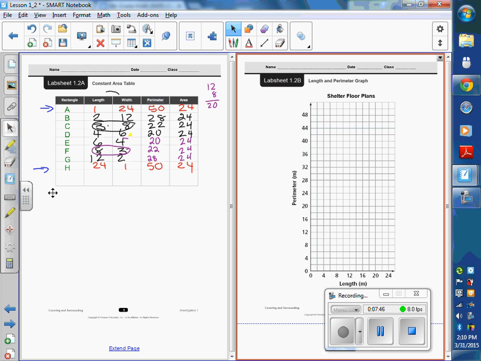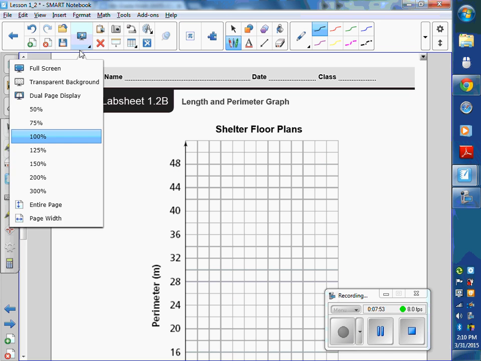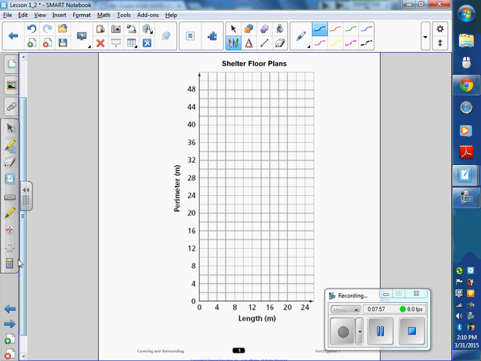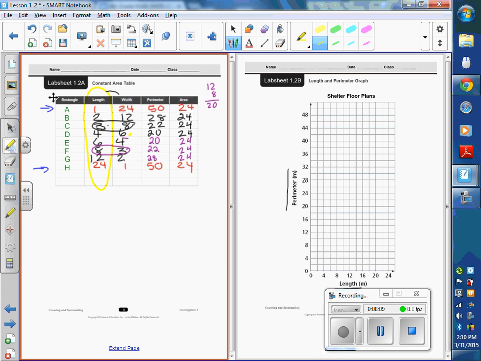Actually, you're going to take this chart, and I'm going to zoom in on the chart a little bit, and you have to graph the length versus the perimeter. So that means you take the table, and you really are only going to be interested in the length and the perimeter columns, and you're going to plot points.